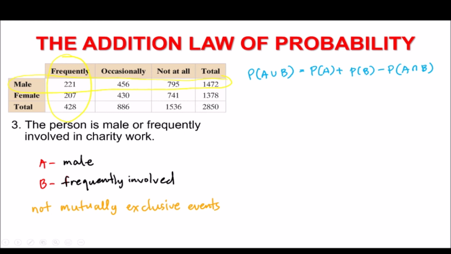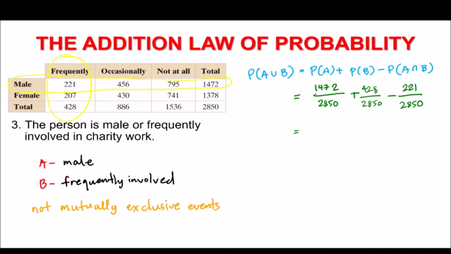Okay, so the probability that a person is male is given by 1472 divided by 2850 plus the probability that the person is frequently involved in charity work, which is 428 over 2850, minus the probability that a person is a male and frequently involved in charity work, which is 221 over 2850.